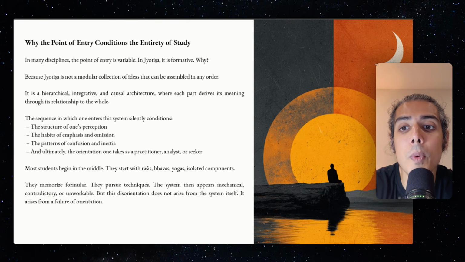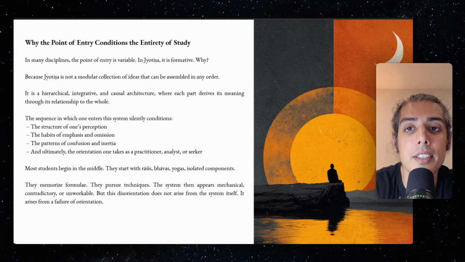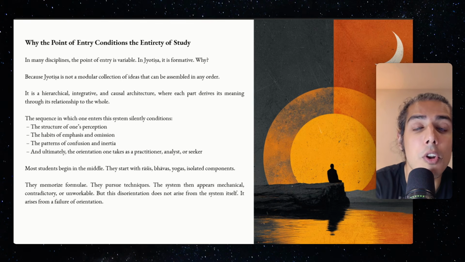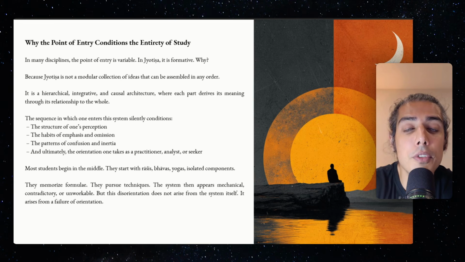The sequence in which one enters the system silently conditions the structure of one's perception, the habits of emphasis, what one emphasizes in their studies, and omission, what they're not focusing on in their studies, the patterns of confusion and inertia, and ultimately, the orientation one takes as a practitioner, analyst, or seeker.